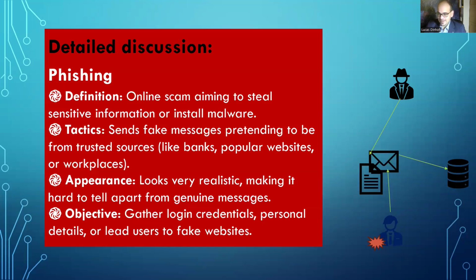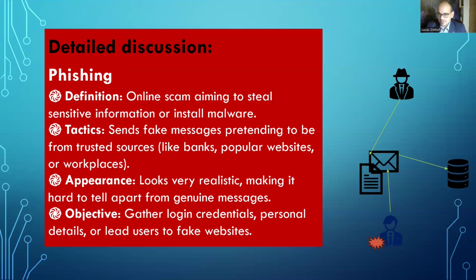First of all, we have phishing. So what is phishing? Phishing means an online scam attack technique. It steals sensitive information from the system or installs malware. It works by sending fake messages pretending to be from a trusted source like your bank account, your email account, or also popular websites.